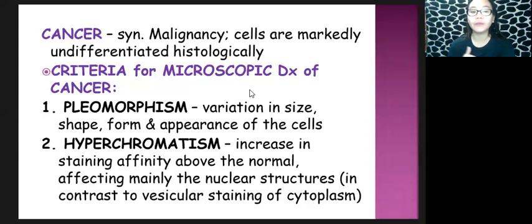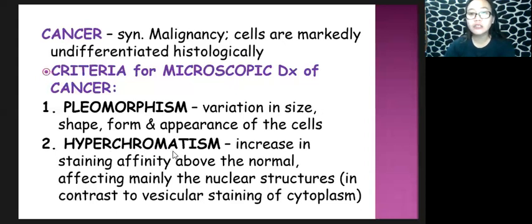Another is hyperchromatism. From the term itself, hyper, there is an increase in the staining characteristic, particularly of your nuclear structures. From the term itself, chromatism. Where can you see your chromatin? Remember that your chromatin is part of your nucleus.